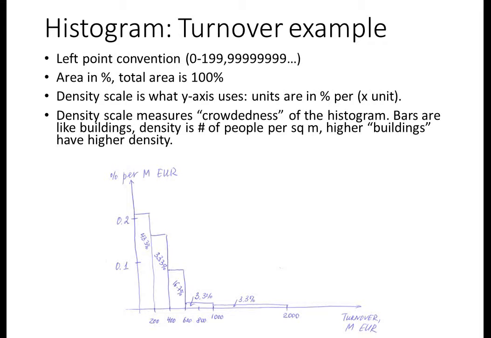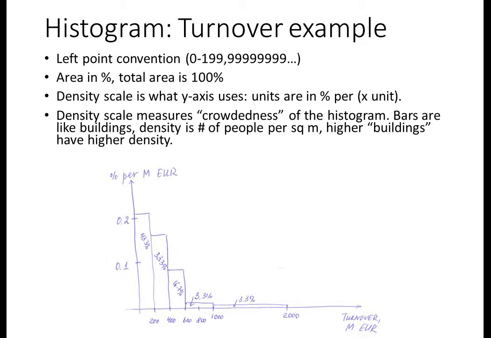The horizontal axis unit is million euros, and we mark our values for turnover there. So step 4, what's left is to draw bars by using information from the first and the last columns of our table. And we are done. The histogram is ready.